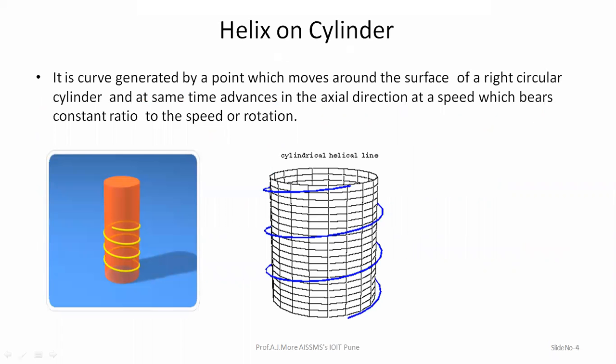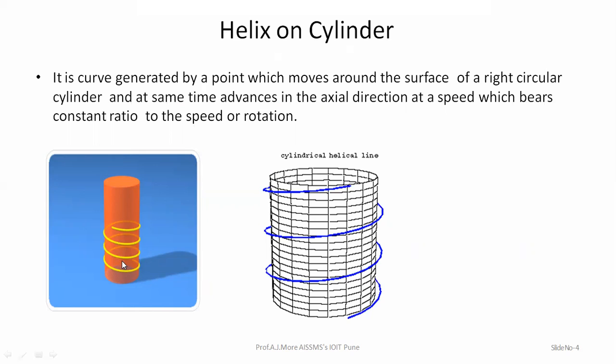So if you see this picture, it is the curve generated on a cylinder. You can see the orange color in the picture. This is the cylinder, and in this another picture also one cylindrical part is shown, and on the left hand side the yellow color wire shows the wire is winding around the surface of the cylinder, and similarly on the right side the blue line indicates one thread is winding around the part.